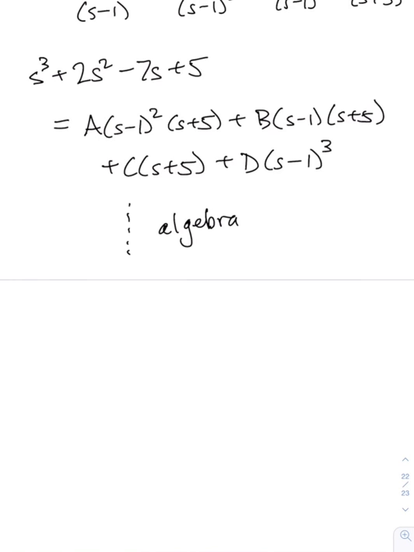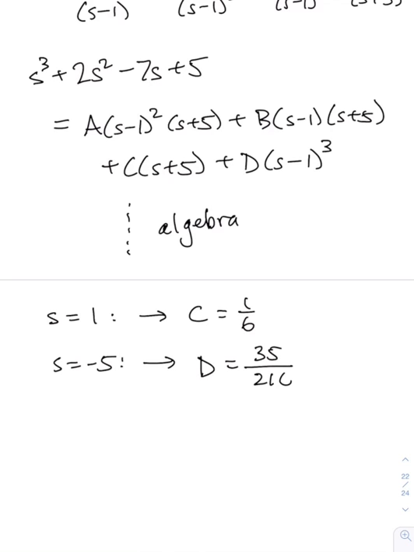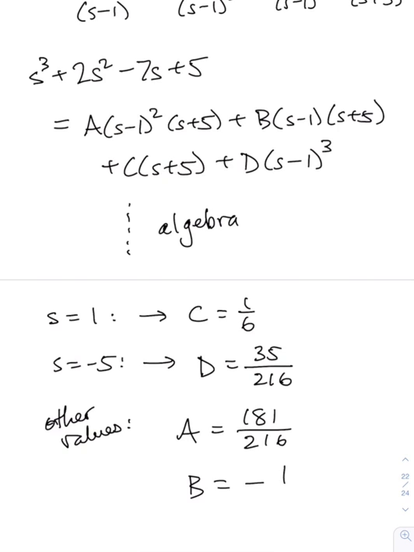I'll tell you what values you end up getting. If you plug in s equals 1, you'll end up getting c equals a sixth. Plugging in s equals negative 5, you're going to end up getting d equals 35 over 216. And then you can do other values or other methods, and you're going to end up with a equals 181 over 216, and b equals negative 1 over 36.